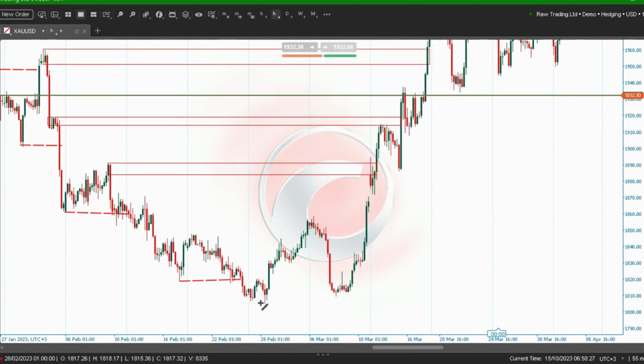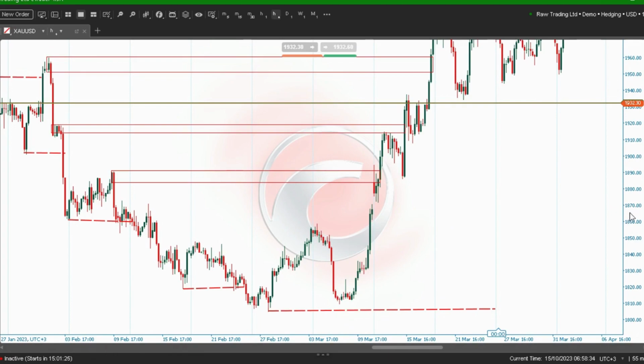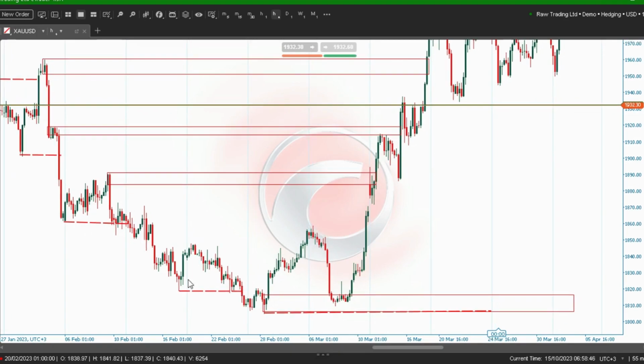And at this point here, this was a last low, and this is an order block. Do you know why I call this an order block? Because you can see here clearly there was a break of structure, right?